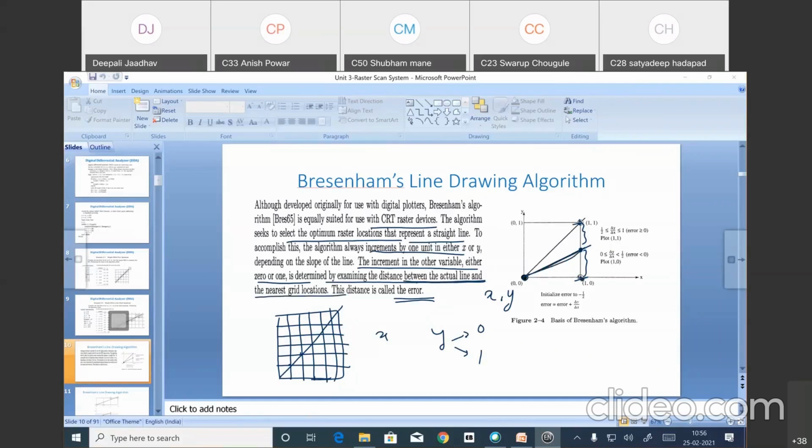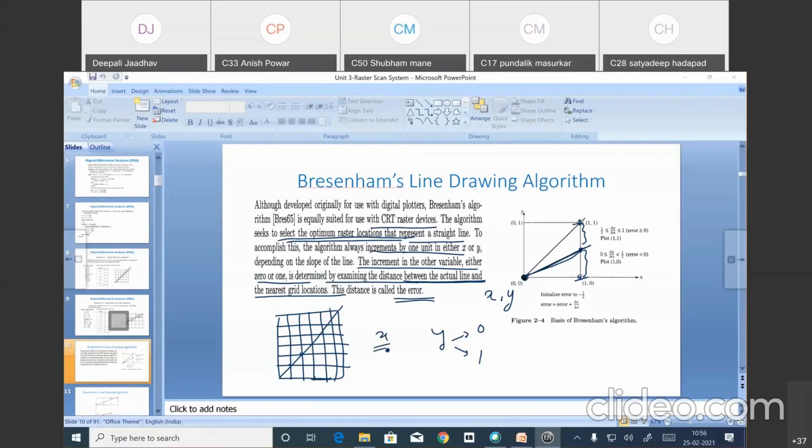Once again, in Bresenham's line drawing algorithm, we try to select the optimal raster location that represents a straight line. For that purpose, we either increase the value of x or y depending upon the slope m of the line. Once we increase the value of x or y, what about the other variable?